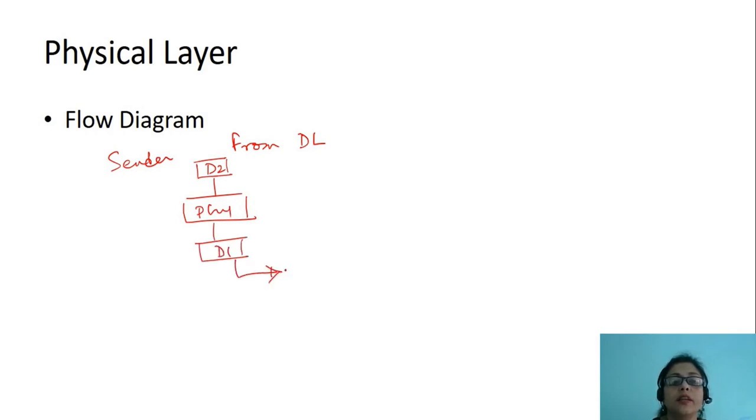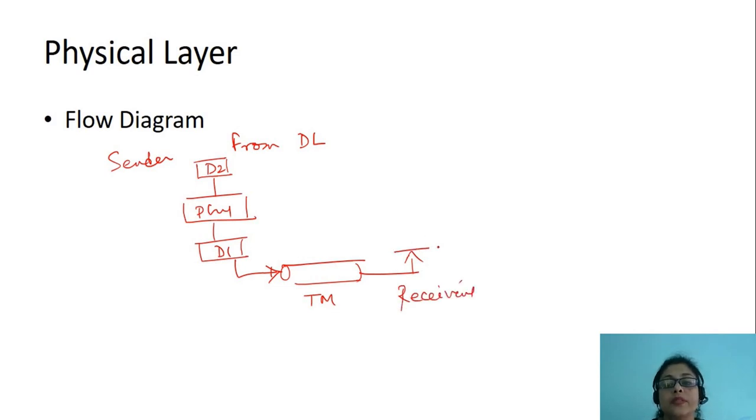This D1 data then gets transmitted through the transmission medium, and at the receiving computer, this data is received. These are basically raw bit streams which are converted to signal, and then the signal passes through to the receiving station. It gets the D1 data.